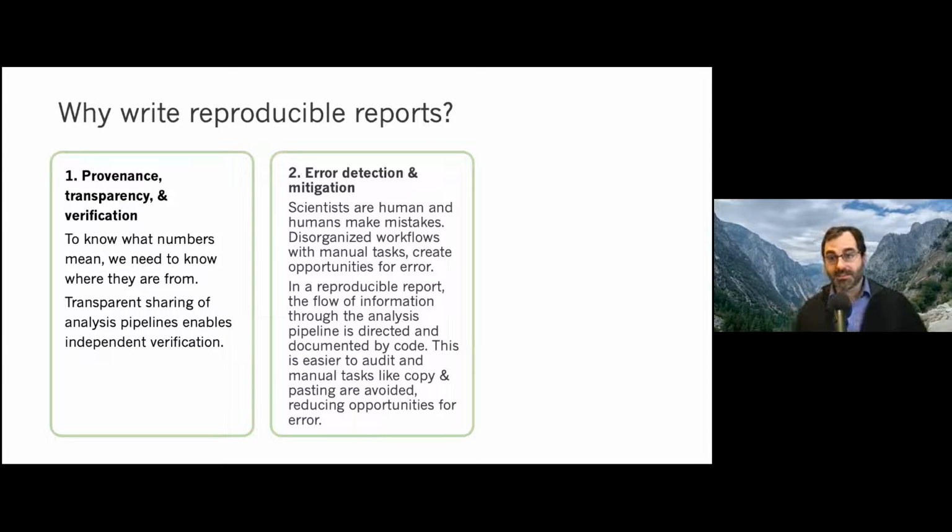Further, manual tasks like copy and pastes and hand rounding of statistics get avoided, reducing opportunities for the kind of typos that show up in the statistical consistency tests that I mentioned. So the suggestion is that in reproducible manuscripts, we should see violations of statistical reporting possibility go down by a substantial fraction.